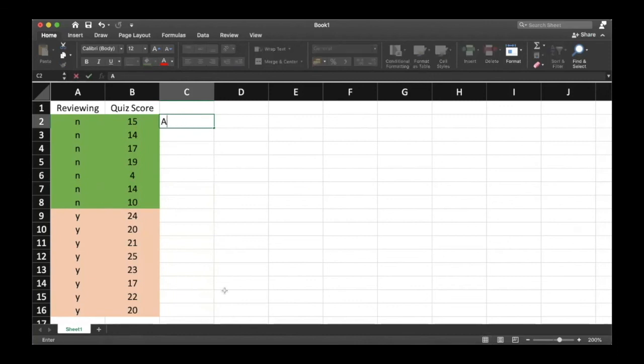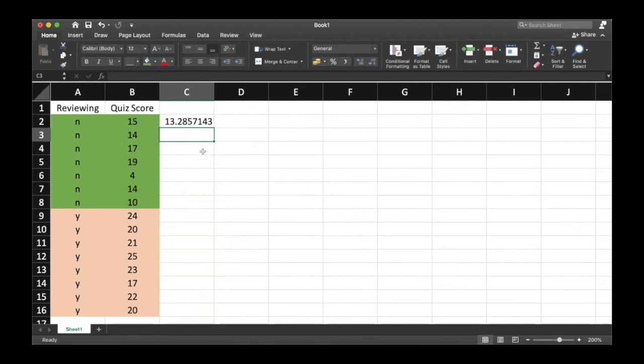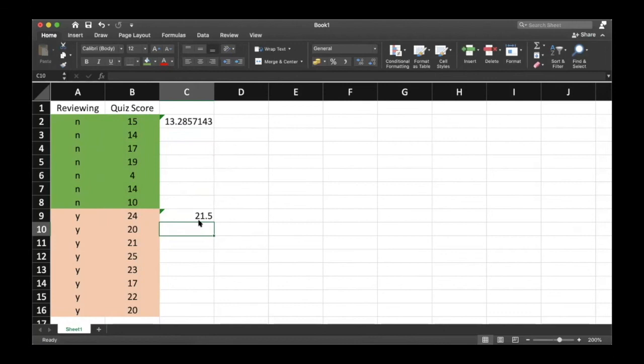Average equals average. There. So those who said yes, their average is 21.5. Those who said no, their average is 13.28.